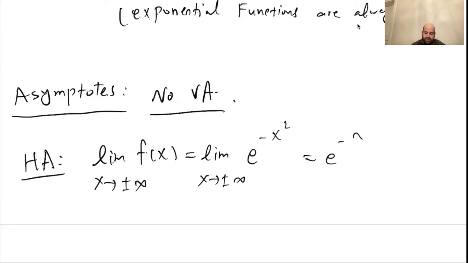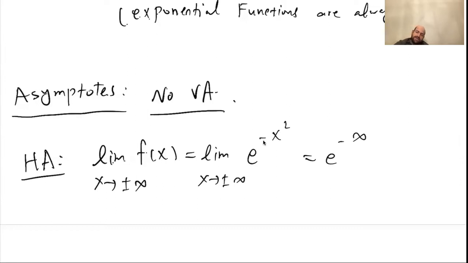And this is e to the power minus infinity, right? Because there is a power 2 here. Therefore, whether x approaches infinity or minus infinity, when it is raised to power 2, the result will be infinity.